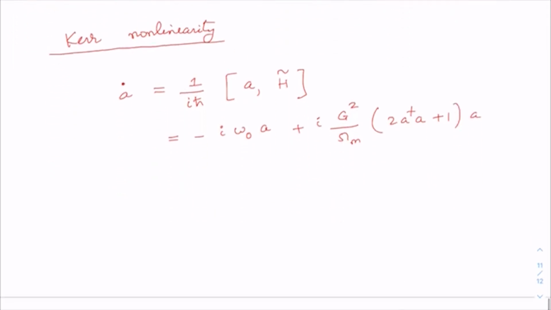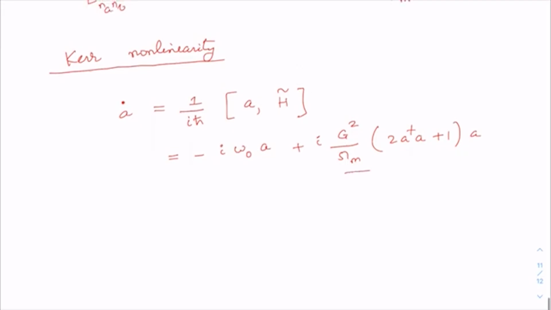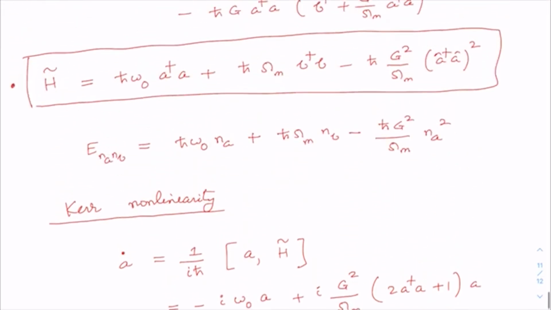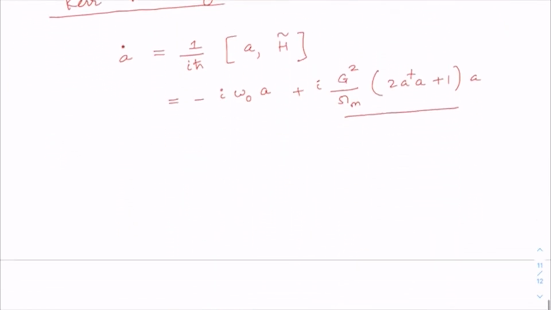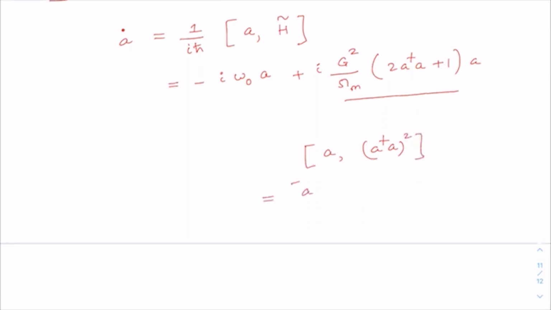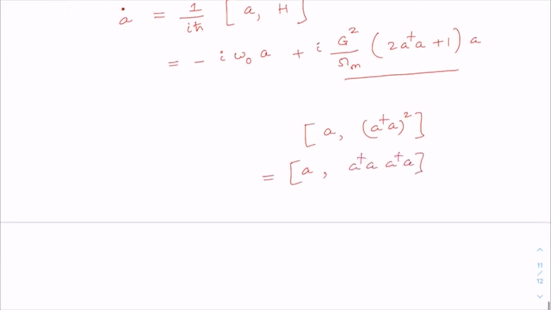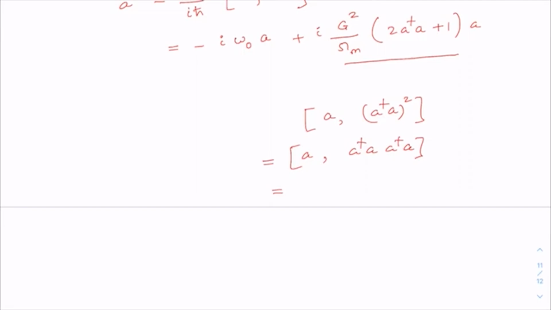By the way, let me quickly show you how I have arrived at this particular expression, because I have to work out the commutation relation between a and a dagger a whole square. So just let me show here. A dagger a whole square, the commutation would be, I can write it as a dagger a, which can be broken down into two parts.